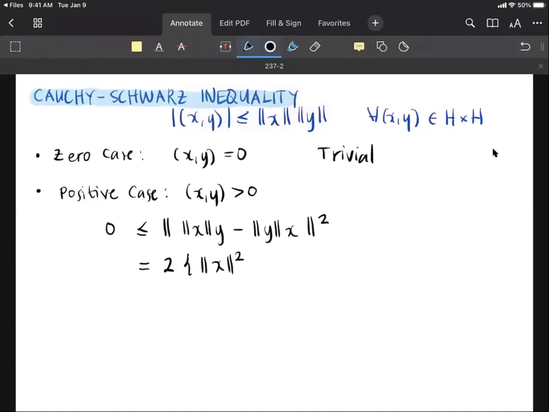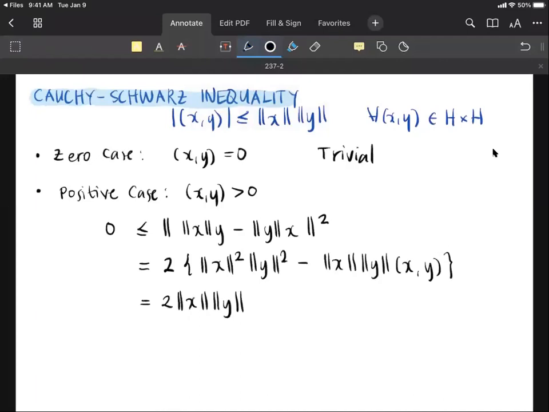This is equal to twice the product of the norm squared minus the norm of x, norm of y times the inner product. You could verify this by simply applying the properties of an inner product and the definition of the norm induced by an inner product. So there is a common factor, which is the norm of x and norm of y.